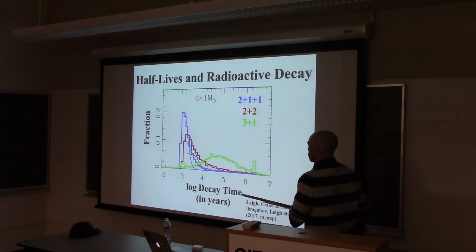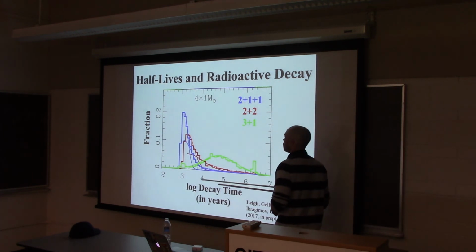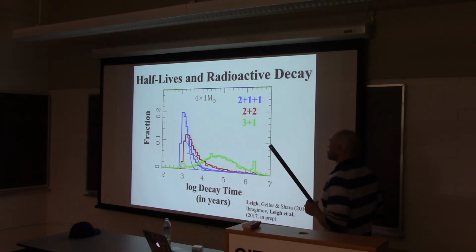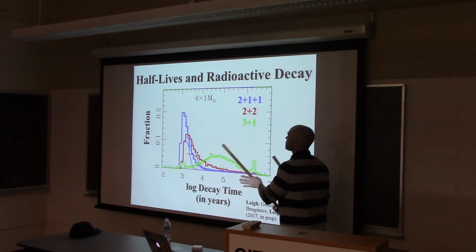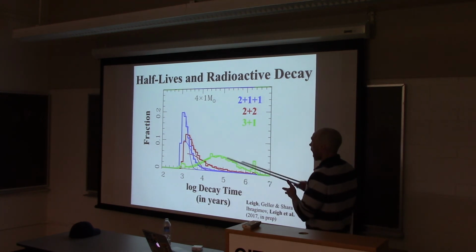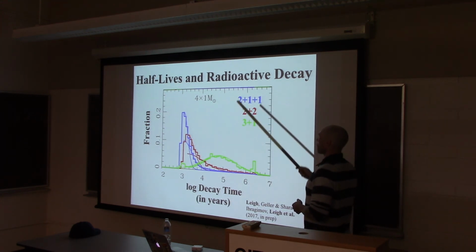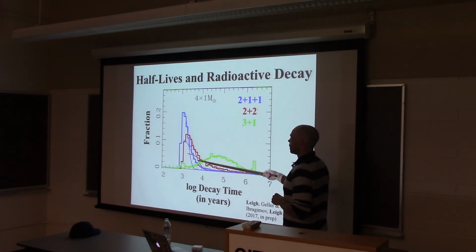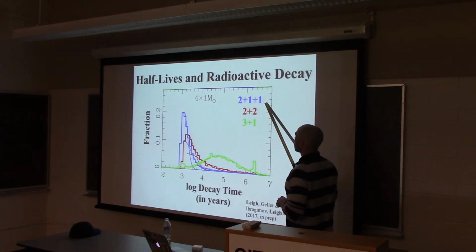We've got the disruption time on the x-axis and normalized fraction of simulations on the y-axis. We go to quite a bit of trouble to fit exponentials to our lifetime distributions. I don't have much time to go into exactly what we did, but the basic idea is that if you can estimate the half-life, then the ratio of the half-lives for each of these 3 encounter outcomes should be roughly equal to the outcome fractions you get for each. If the 2+1+1 scenario has the shortest half-life, then most interactions should end in this outcome.